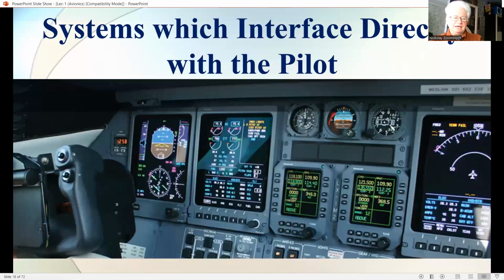These comprise displays, communications, which is the subtopic of today's lecture, and systems which interface directly with the pilot. As I just mentioned, these comprise displays, communications, data entry, control, and flight control.